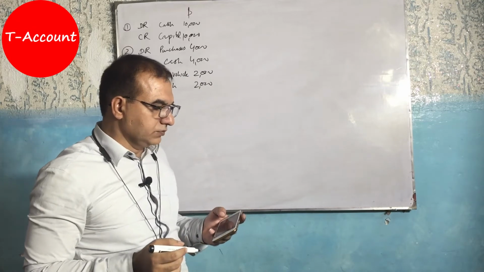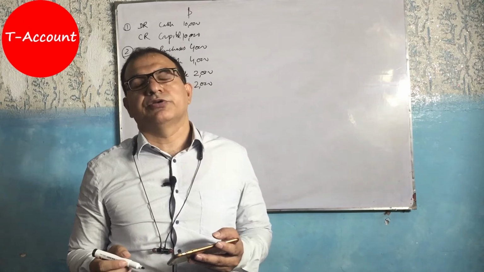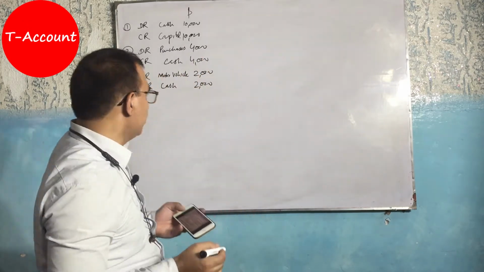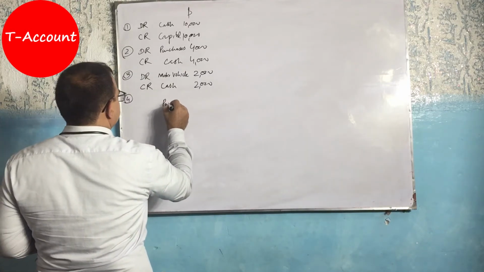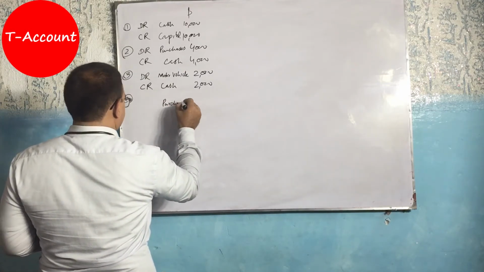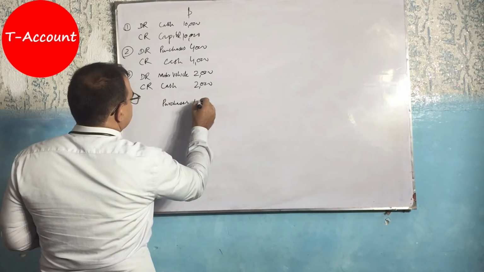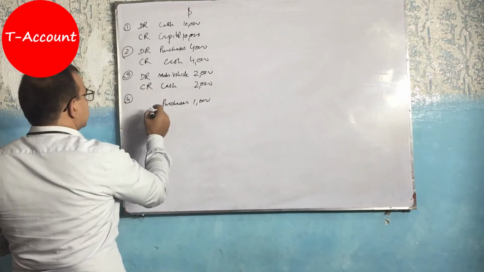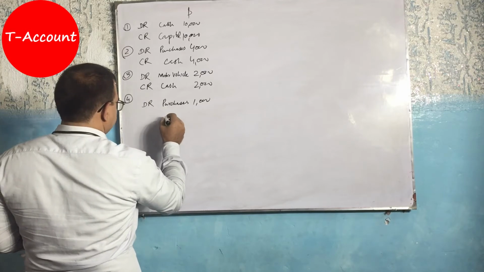4th January, Matthew buys 1,000 of purchases on credit. So purchases on credit. Now this time, increase in purchases, yes. How much was that? 4th January, $1,000. Purchases, increase in purchases, debit, but this time it's not cash.